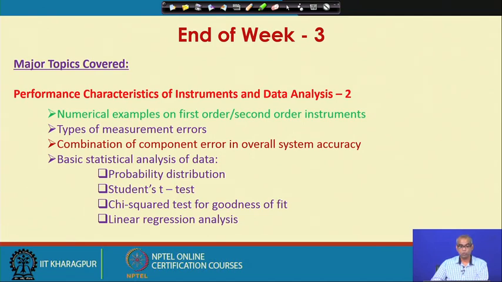We have seen how to compute component errors and how to combine component errors to calculate overall system accuracy. Then we have discussed some basic statistical analysis of data. In particular, we have talked about probability distribution functions, the student's t-test, the chi-square test for goodness of fit, and we have briefly touched upon linear regression analysis. So, this closes the lectures of week 3, and you will be given assignments for these topics that we have covered over this week.